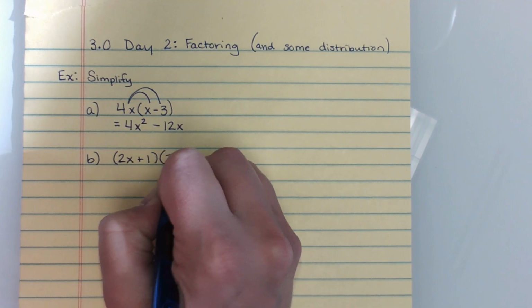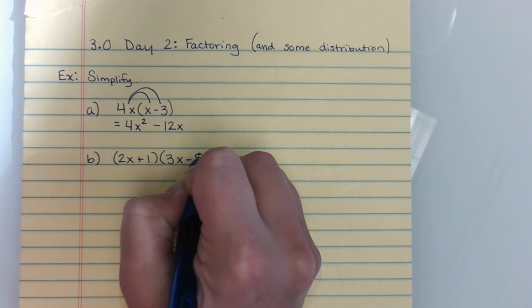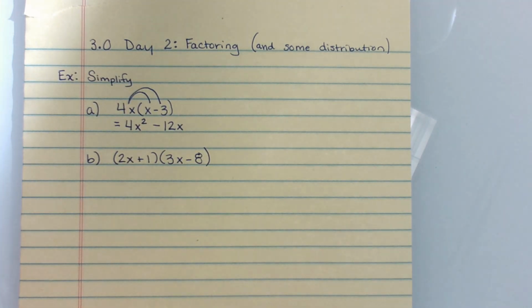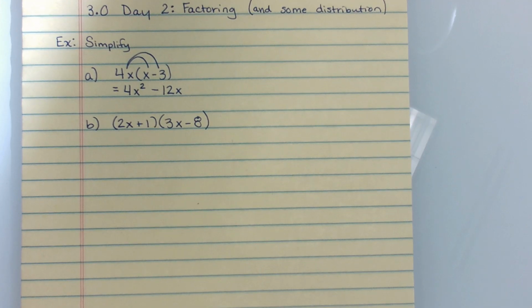What if it looks like this instead? Now what do I do? We're distributing again.